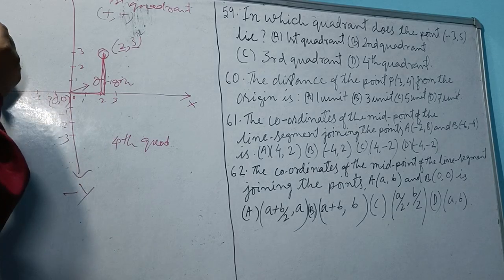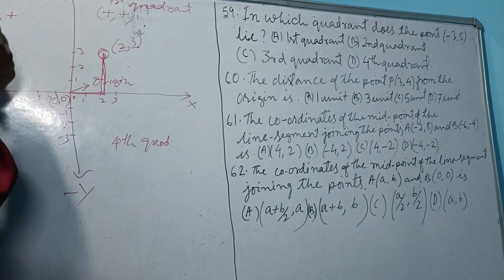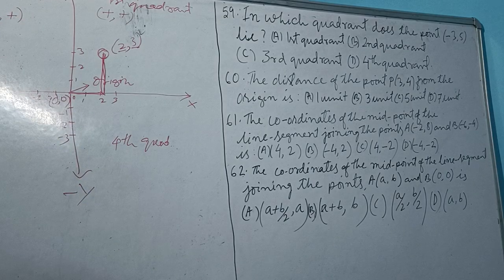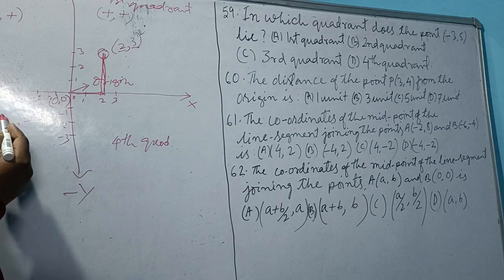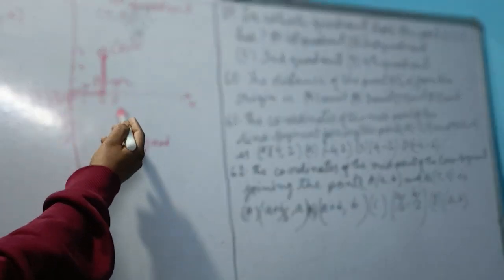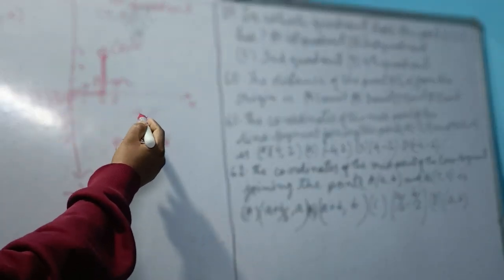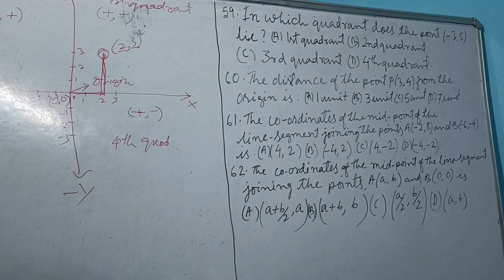And when x is positive and y is negative, going downwards, then it lies in the fourth quadrant. So whenever you get points in this form, you can easily name in which quadrant the point lies.